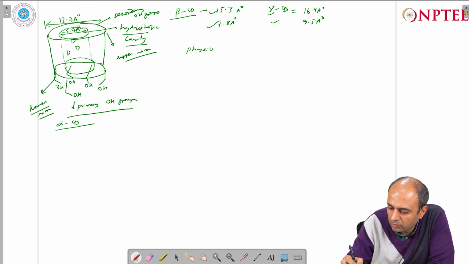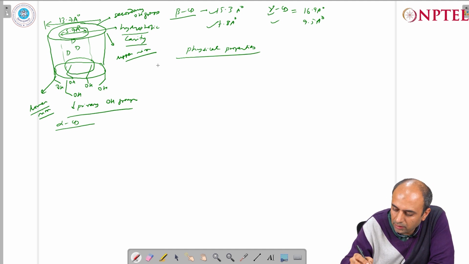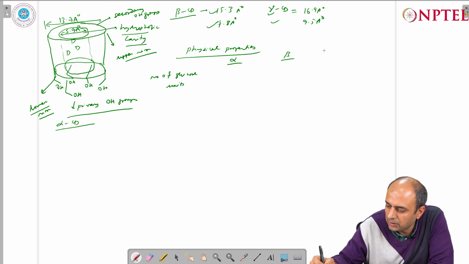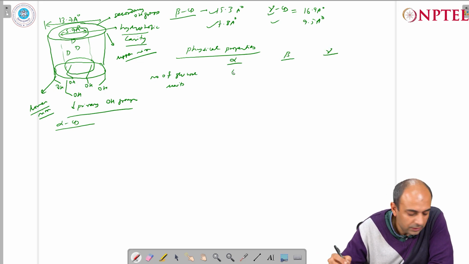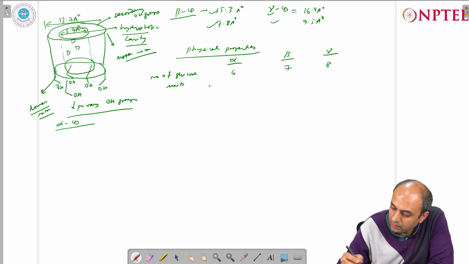Physical properties. For example, number of glucose units. In case of alpha, beta and gamma, this is 6, this is 7 and this is 8. What is the ring size?